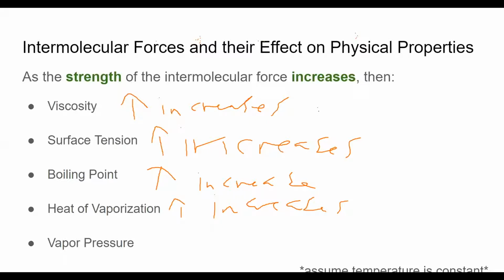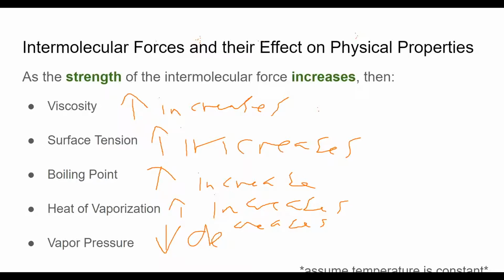So then, vapor pressure, on the other hand, decreases with higher intermolecular force. I can't think of an example right now. Well, we got to think about the definition of vapor pressure, right? What is vapor pressure? The pressure of the vapor?